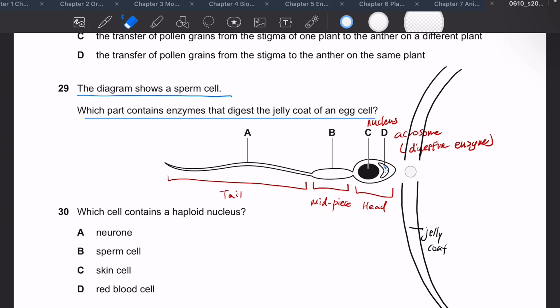Then they insert the nucleus into the egg, and that process is called fertilization. So for this question, the answer should be D.